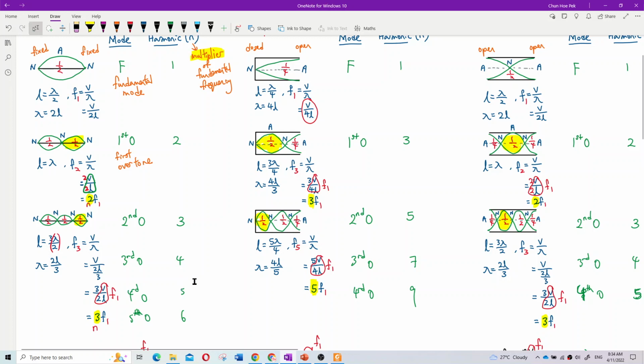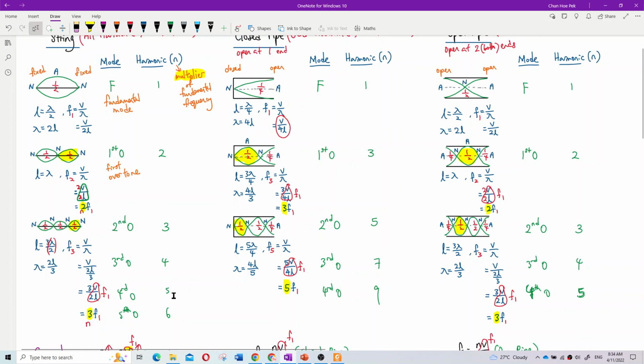If the frequency is 5 times the fundamental frequency, then it's 5th harmonic. If the frequency is 6 times the fundamental frequency, then it's 6th harmonic. Class, do you see? Yes, sir.